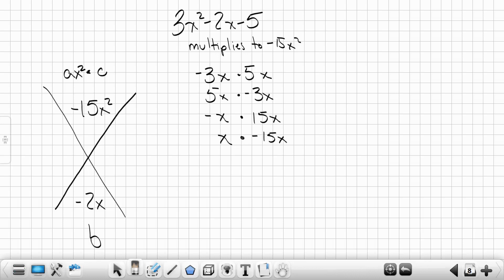Okay, middle column. That's a multiplying dot. Did I miss any options?